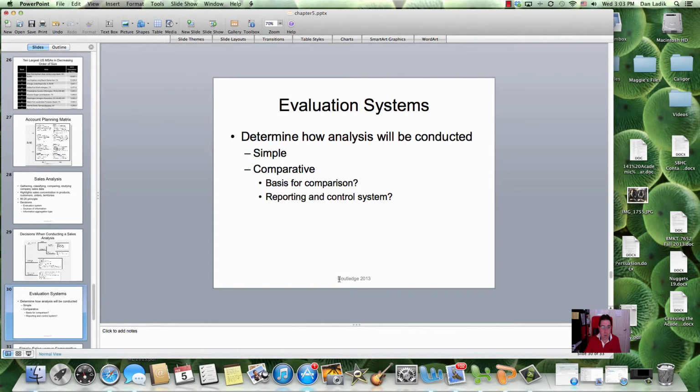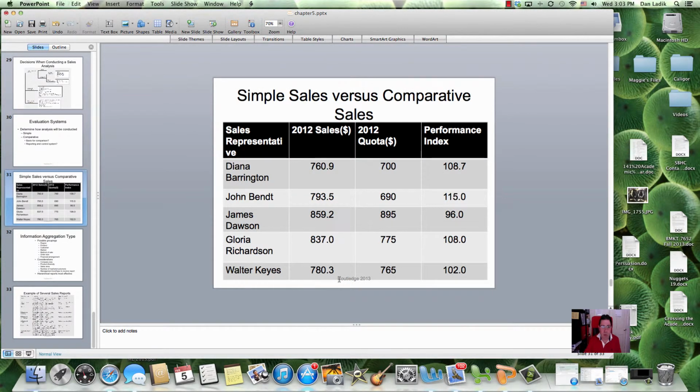We saw simple versus comparative. We just saw that in the previous slide. Here, when I said I would show you the performance index, here is the performance index set by this firm, and it's basically a function of percentage of quota. So if the quota was 700, they achieved 760.